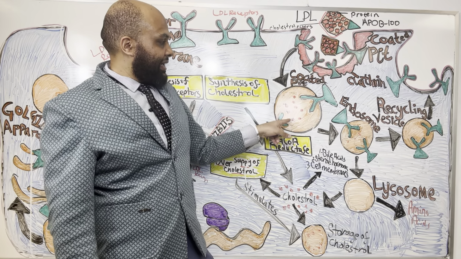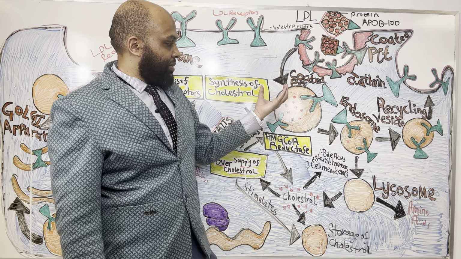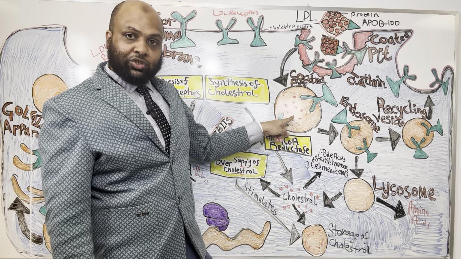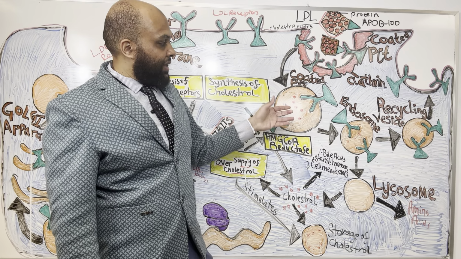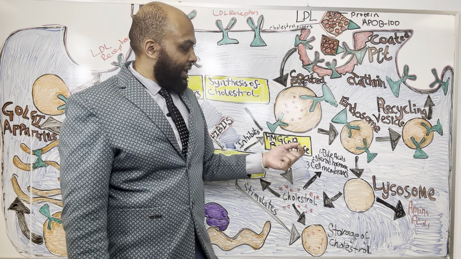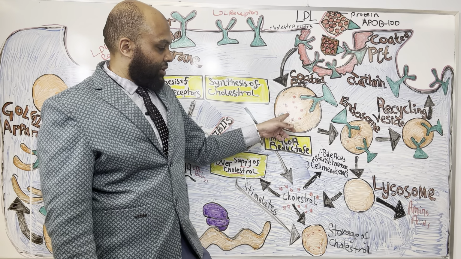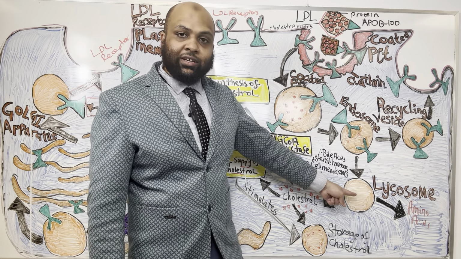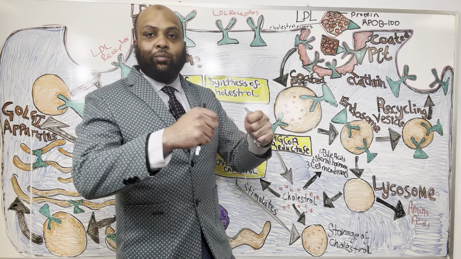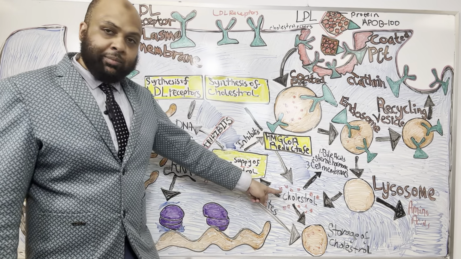You see, that is your coated pit. The coated pit is going to be a bubble that has the LDL, and you see the red cholesterol is in the core. Then the red cholesterol is going to be sent into the endosome, and the endosome is going to send this package that has a lot of cholesterol inside it into the lysosome, and the lysosome is going to break apart this vesicle and remove the outer coating, and then liberate cholesterol.